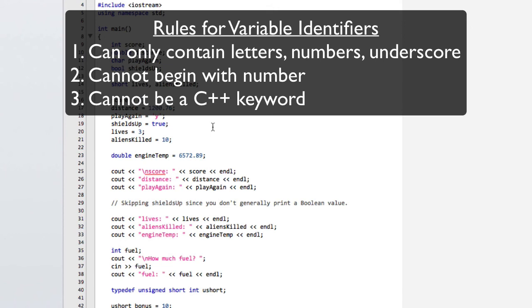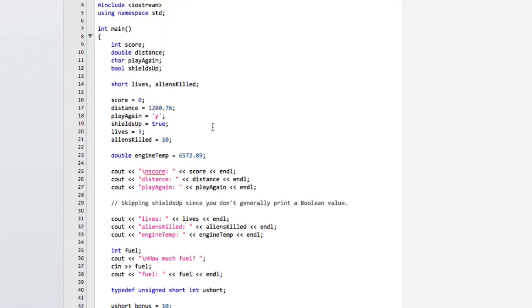It has to begin with a letter or an underscore, but we'll talk later about why it's not a good idea to use an underscore. And finally, it cannot be a C++ keyword. That's a word that C++ reserves for its own use. We can't name a variable int because that's a keyword. You can find a full list of the different C++ keywords in Appendix C of your textbook.